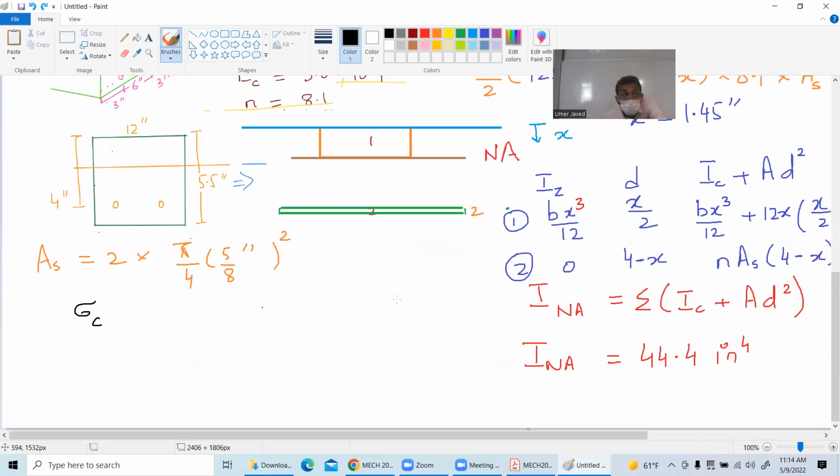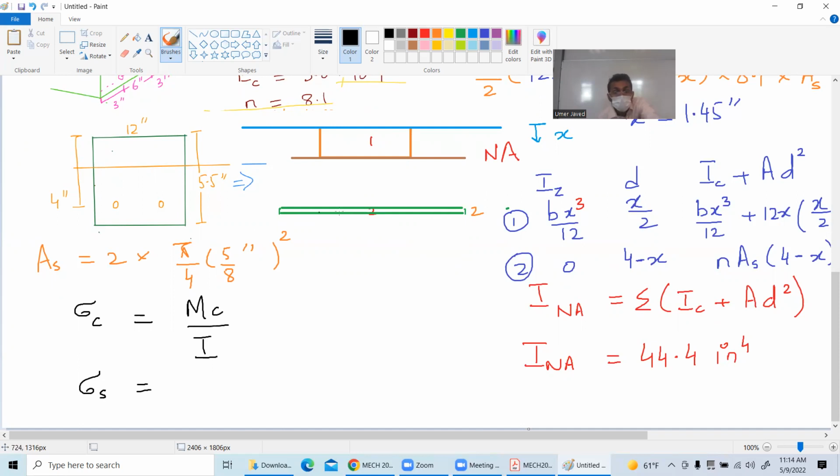So then we have stress is equal to MC by I. Stress in concrete and stress in steel. Now, what did you do? You removed the rebars and put concrete.